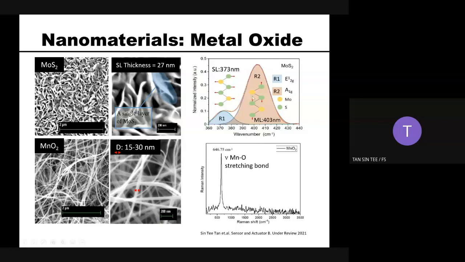After that, we conducted some analytical analysis using Raman, and we found that our molybdenum disulfide dominantly appears as multi-layer.